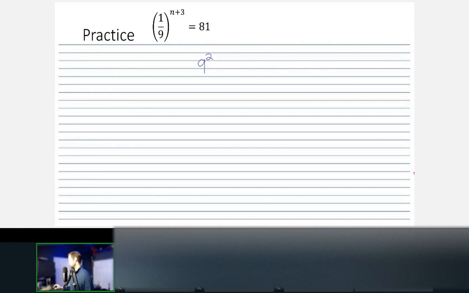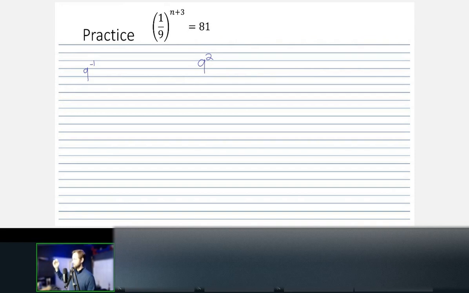Use the negative exponent rule to make 1 over 9 into 9 to the negative 1 power. So Naomi, I think that is a very good idea. Yeah, so let's do that. I'm going to actually do this problem two ways. I'm going to do the way that both of you said, where we take that 1 over 9 and rewrite it as 9 to the negative 1 power, because it's the inverse.